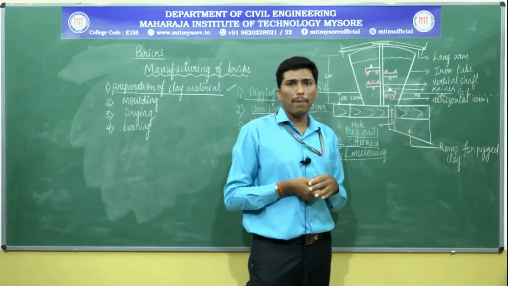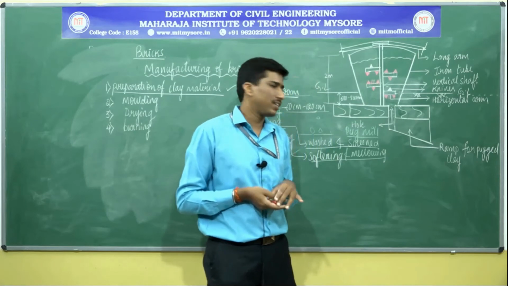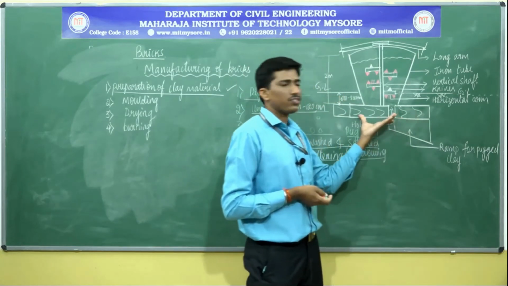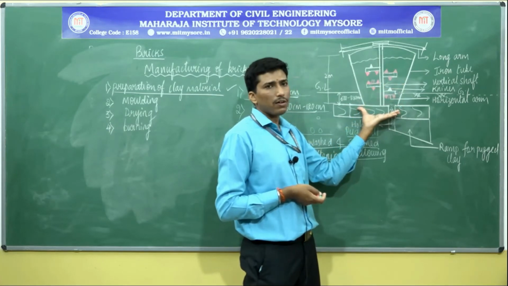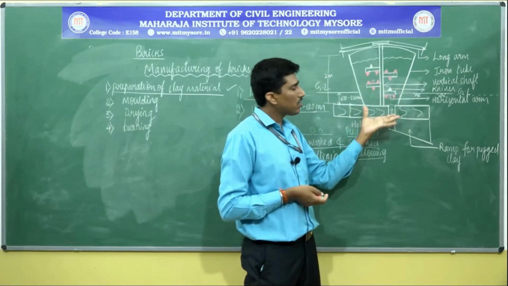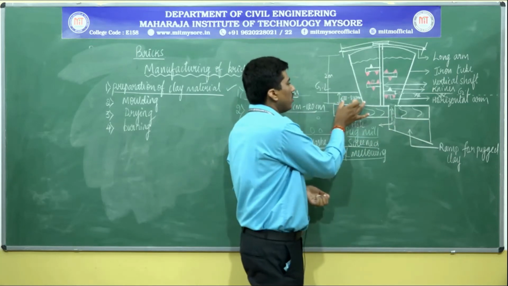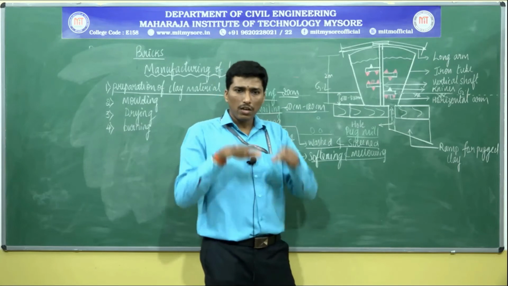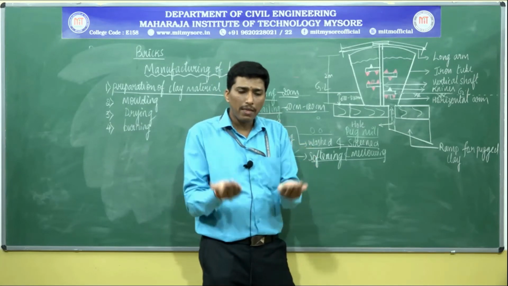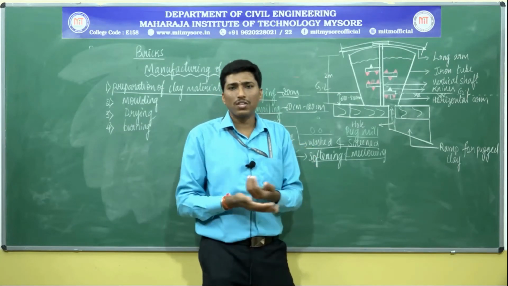That we call the pugged portion of the clay, to be collected where a ramp is provided. This is a wooden ramp, and normally the pugged clay mill is, you can see, 600 to 800 mm, maybe 60 to 80 centimeters, made to rest below the ground level.